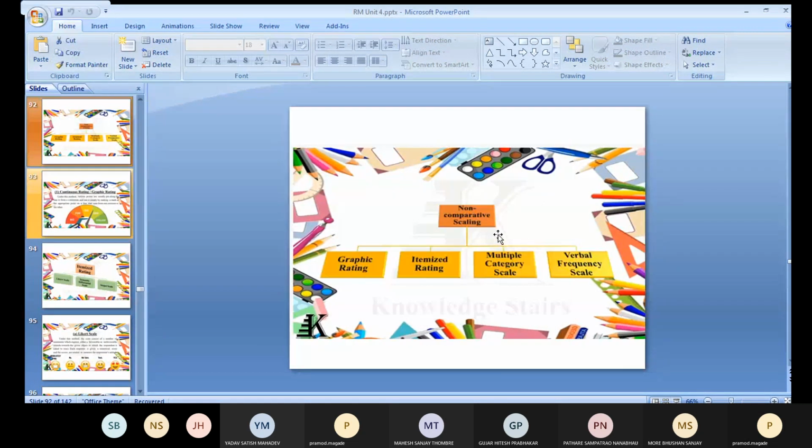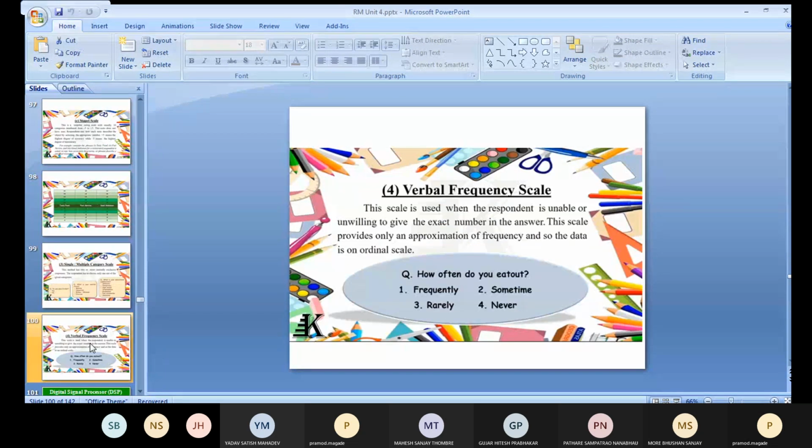See here, this will be the non-comparative, graphic, itemized, multiple. Now verbal. In case of the verbal, what happened? There are options for the responder to give such kind of answer. Take an example: how often do you eat out? तुम्ही बाहेर जेवायला कधी जाता? So frequently indicates I do not not go. Correct?